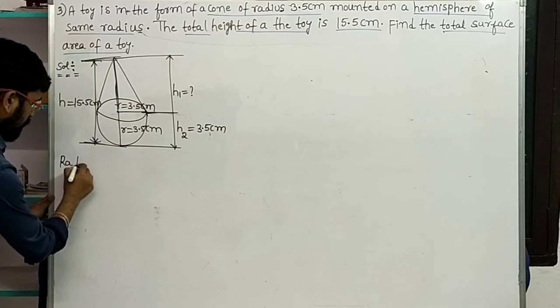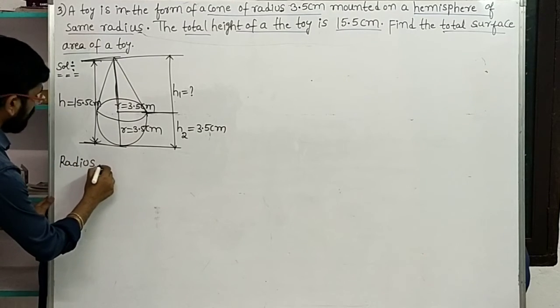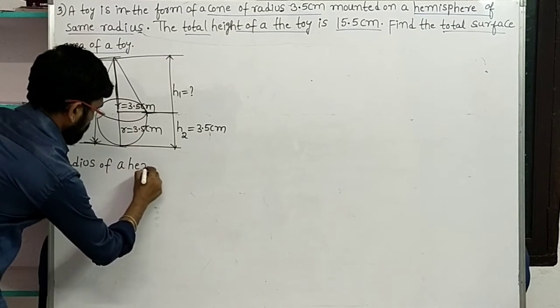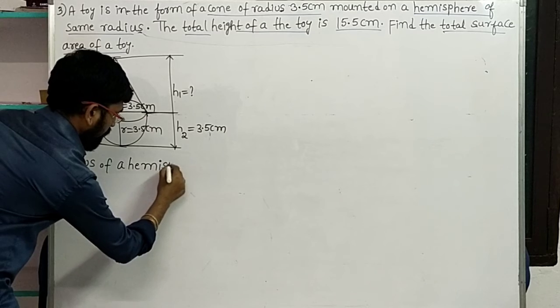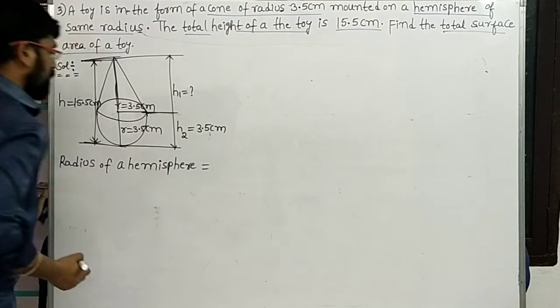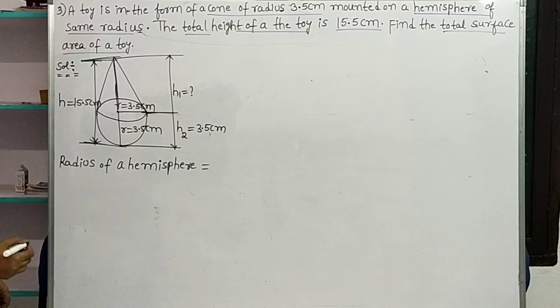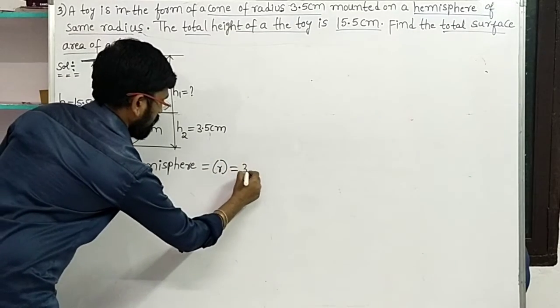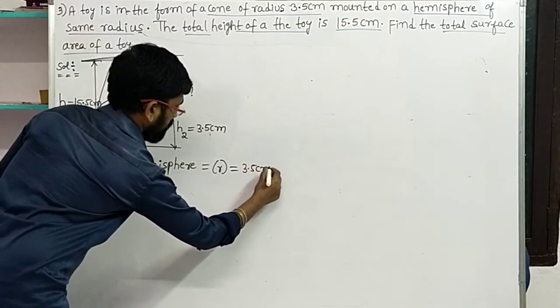The radius of the hemisphere is r equals 3.5 centimeters.